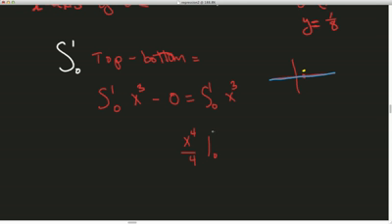Evaluated between 0 and 1. And you always plug in the top bound minus the bottom bound. There's your answer. Okay?